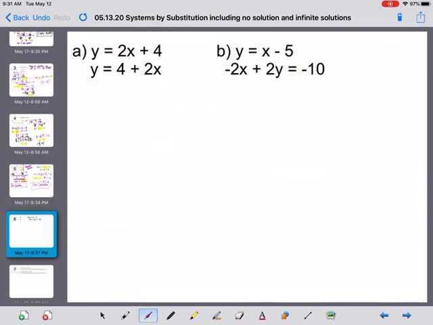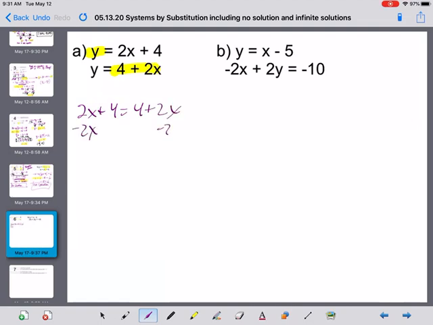Okay, let's look at this other option. So let's look. Okay, y equals 2x plus 4, y equals 4 plus 2x. You might have noticed something just now. Aren't they the same line? Right? Same slope, same y-intercept, same line. Watch what happens when we do the substitution. 2x plus 4 equals 4 plus 2x.